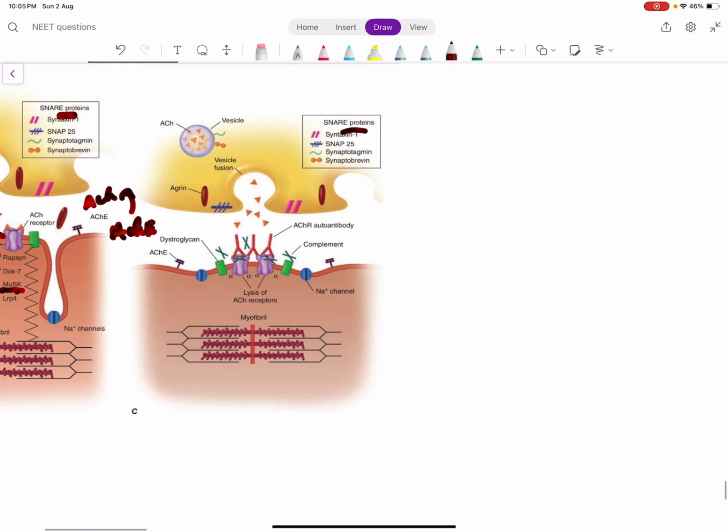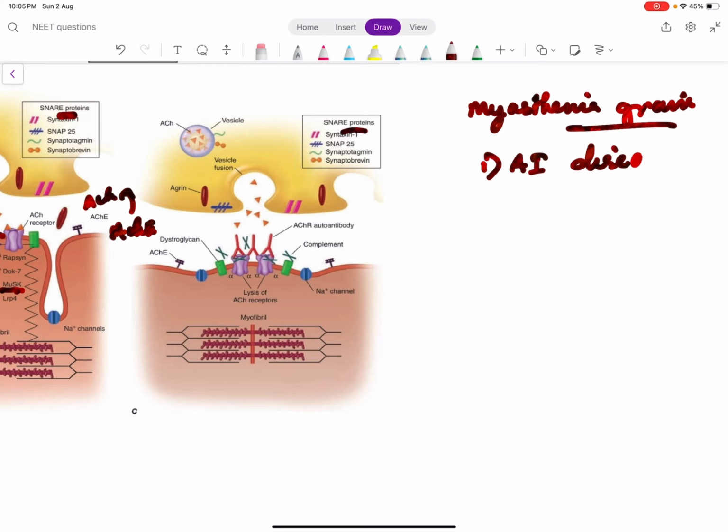What is the disease called myasthenia gravis? Myasthenia gravis is also an autoimmune disease. In this autoimmune disease, what happens? There are autoantibodies which are produced against the acetylcholine receptor.